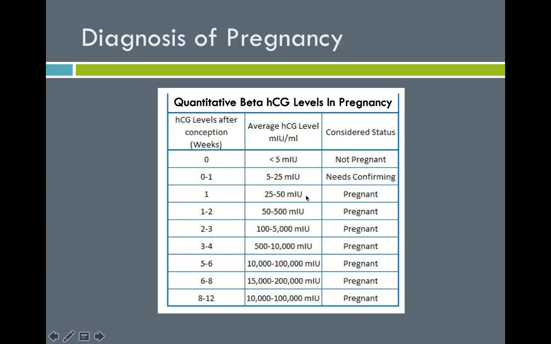And then you can see as we move from week to week, the values vary greatly, but with each week of pregnancy, you want to start to see a doubling of numbers in the first few weeks of pregnancy, and then those numbers really start to shoot up as you move into the 3rd, 4th, 5th, 6th week of pregnancy.